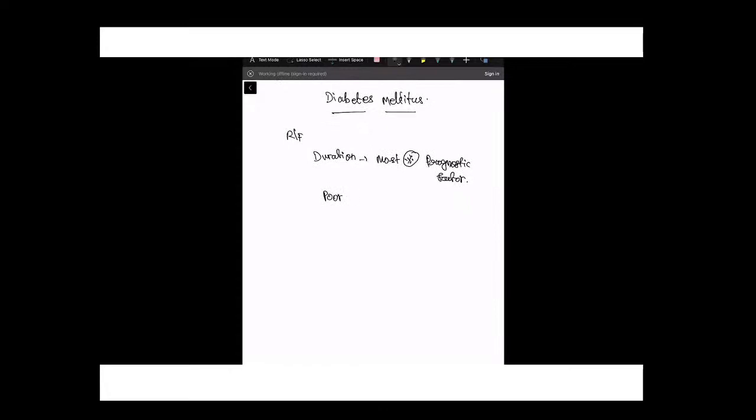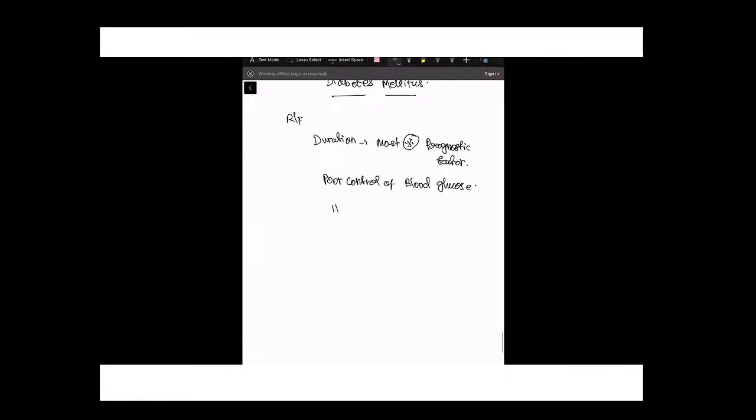If there is poor control of blood glucose, if there is comorbid hypertension with diabetes, and pregnancy.